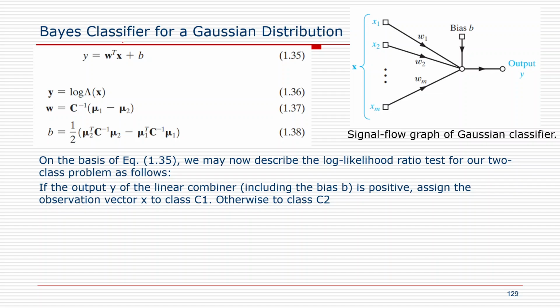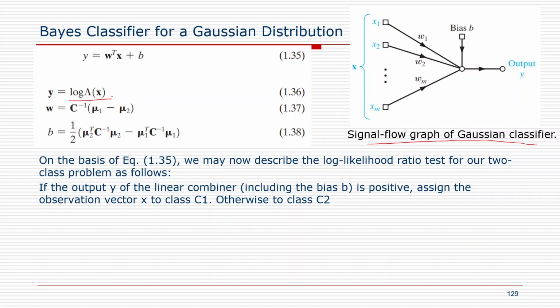Now we can consider the Bayes classifier for Gaussian distribution, which is equivalent to the signal flow graph of the Gaussian classifier, where the inputs for the perceptron are x1, x2 up to xm, and weights are w1 up to wm, bias is b, and the output is y.